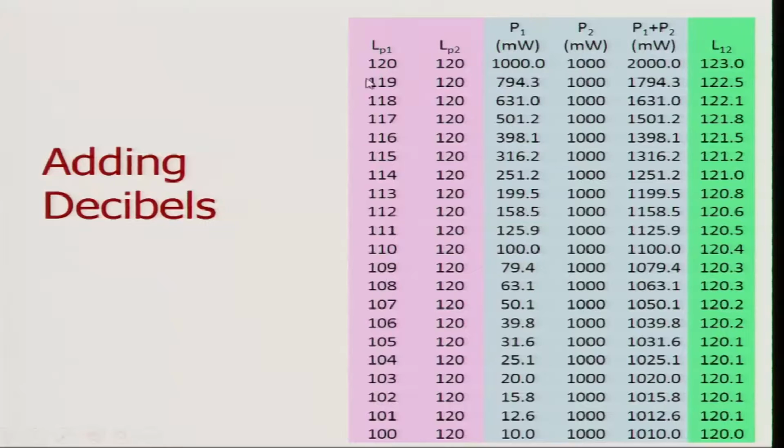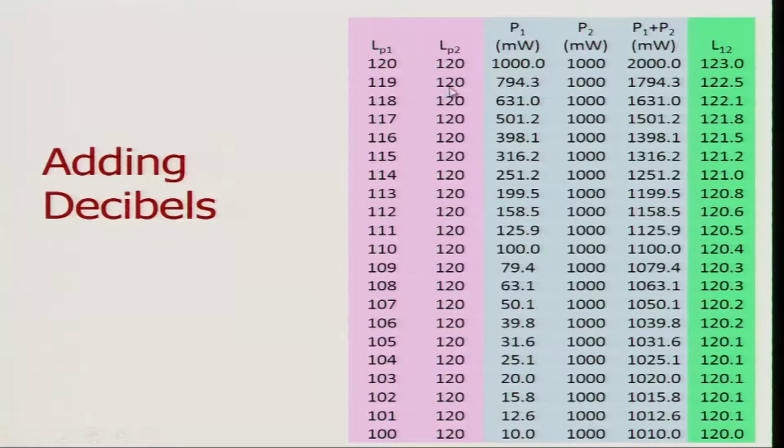The first source is 120 decibels, the second source is 120 decibels, and when I add them up, I end up with 3 decibels extra in the presence of 1 and 2. So, it is 123 decibels. And this table is for different combinations. So, 119 decibels, second source is 120 decibels, the total amount of power is 122.5, and so on and so forth.